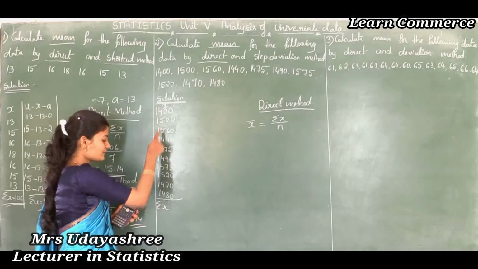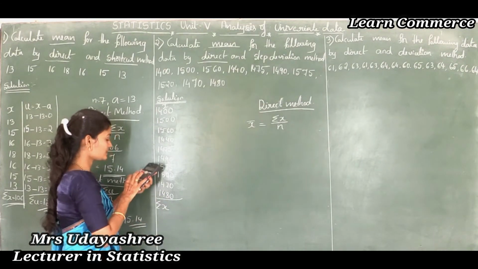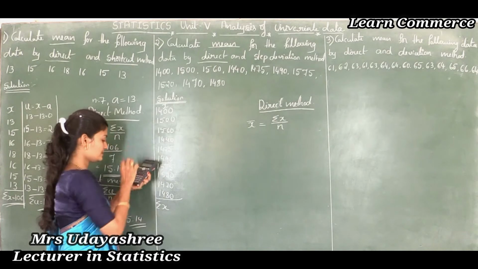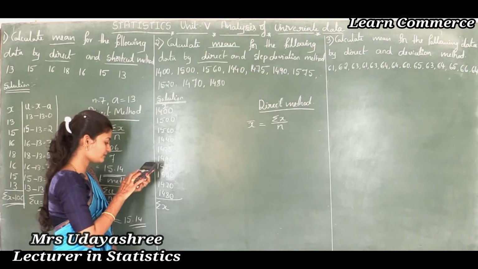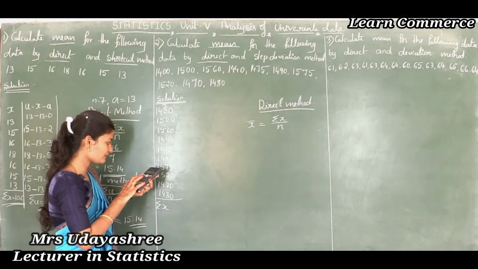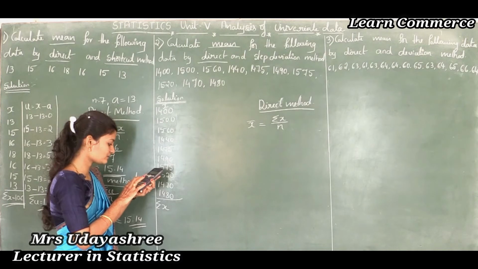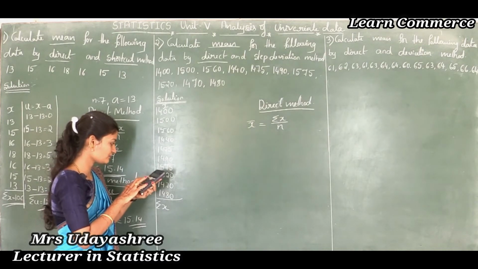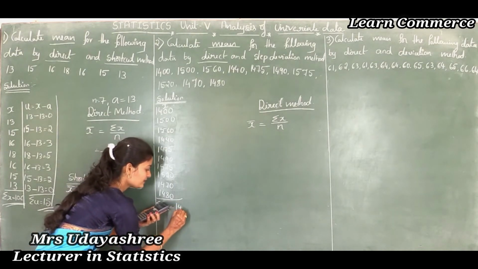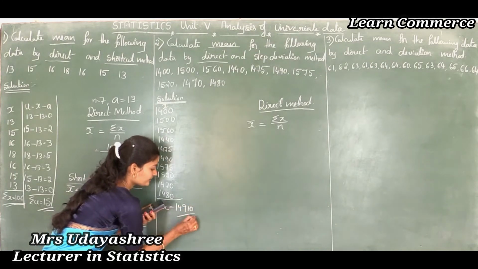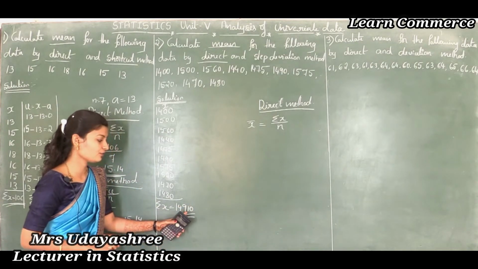The sum of these observations is 1400 plus 1500 plus 1560 plus 1440 plus 1475 plus 1490 plus 1575 plus 1520 plus 1470 plus 1480, which is 14,910. So the sum of x is 14910.